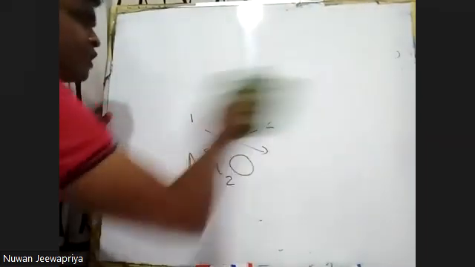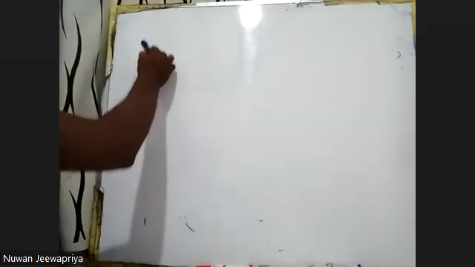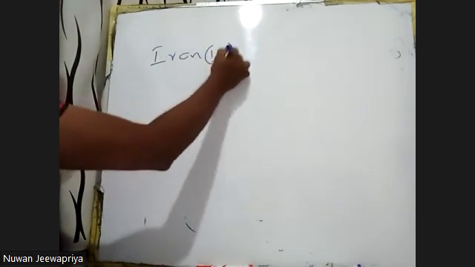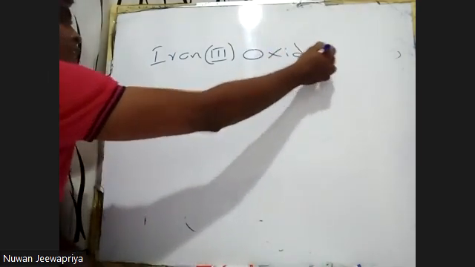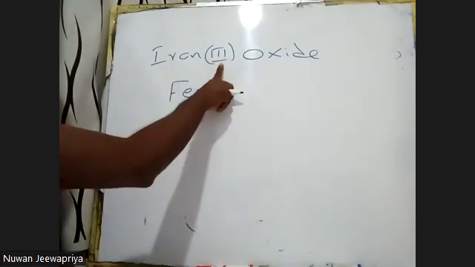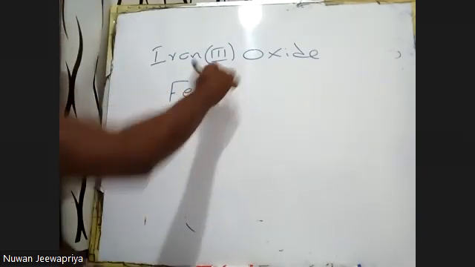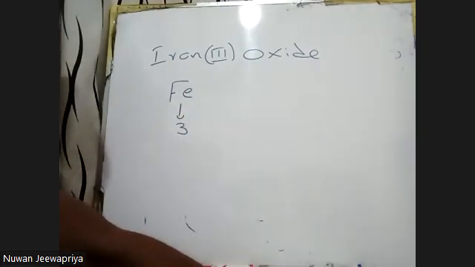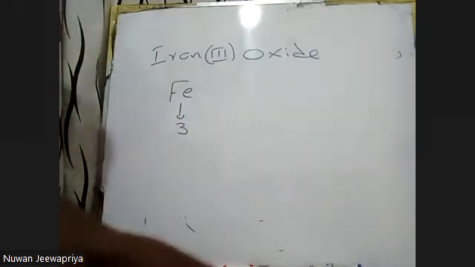They ask you to write the formula of iron in brackets 3 in Roman figures, iron 3 oxide. Iron is Fe. This 3 means you need not learn the value by heart. 3 means the valency of iron. In the exam, they will give iron 3, which means the valency of iron.